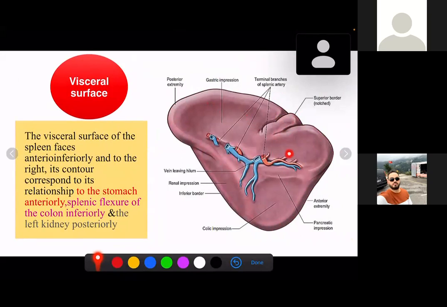The gastric impression is related anteriorly to the fundus of the stomach, the colic impression is related to the splenic flexure of the colon inferiorly, and the renal impression is related to the anterior surface of the left kidney posteriorly. We have the splenic hilum, in which the splenic artery and vein arise as numerous small branches. The visceral surface is usually directed anteriorly, inferiorly, and to the right.